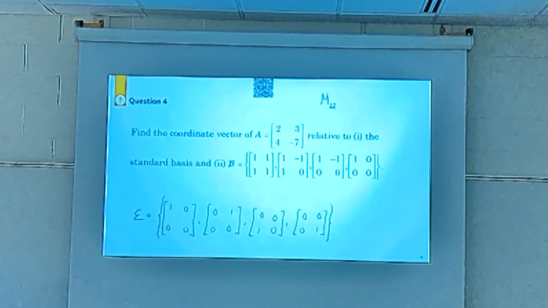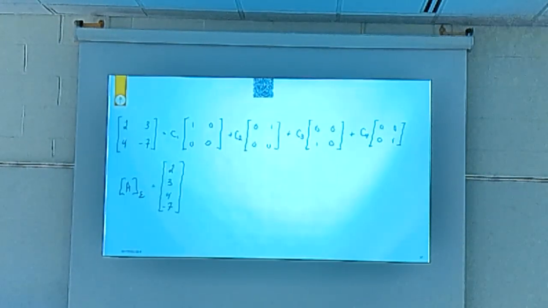But now they want it with respect to that basis there. And that is a basis. I'll let you verify that on your own. Well, using the notion of coordinate vectors, there's the coordinate vector for your first matrix in the set.